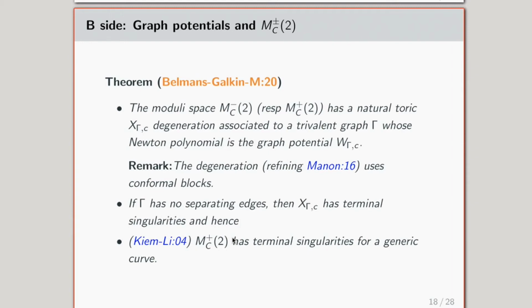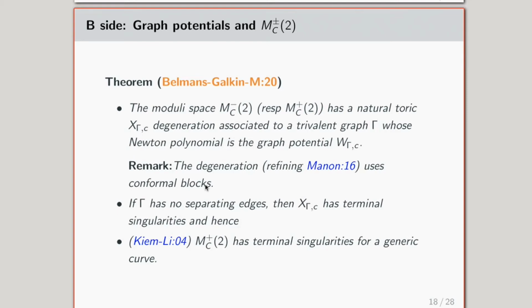So that's what we do. I will try to explain this a bit later on, but let me state the results: this moduli space MC3 has a natural toric degeneration associated to a trivalent graph. As I pointed out earlier, trivalent graphs correspond to degenerating the genus g curve to a maximally degenerate curve whose components are all rational and which is stable.